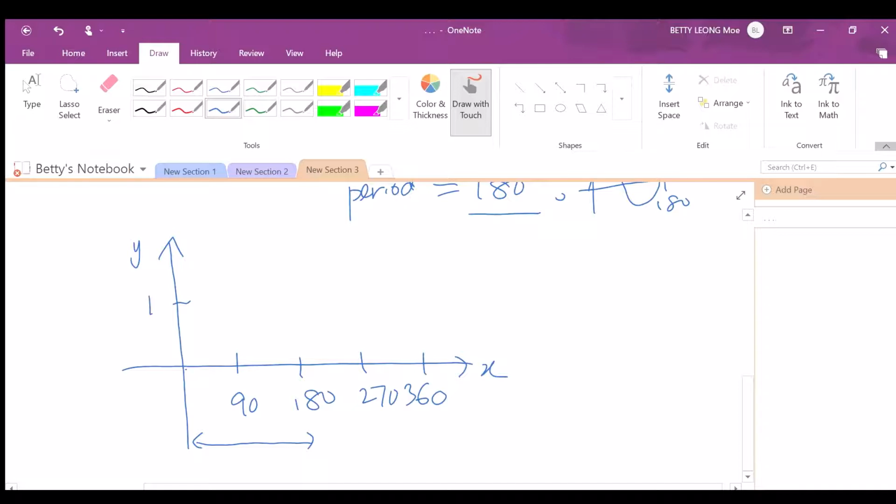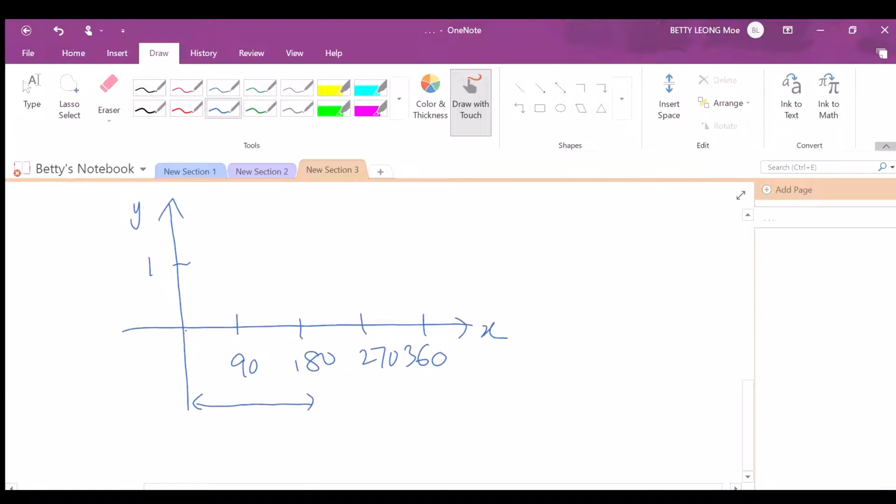So it will be like this. The complete cycle is up to that only. This is one period. The period is 180.